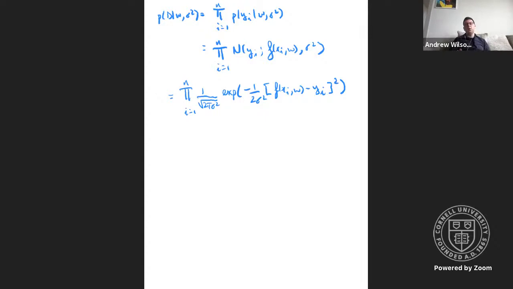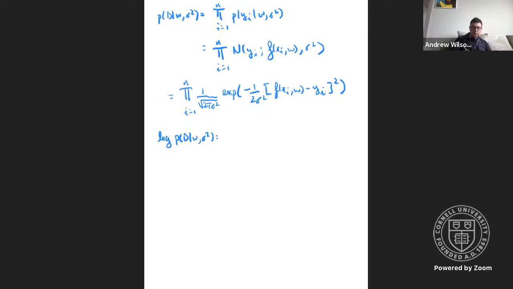So we've got this product. Now, if we are just concerned with finding the w that maximizes this expression, we can take a log and consider maximizing that because the log is a monotonic transformation and it won't change our solution. So the log likelihood is going to then equal, this product will turn into a sum.